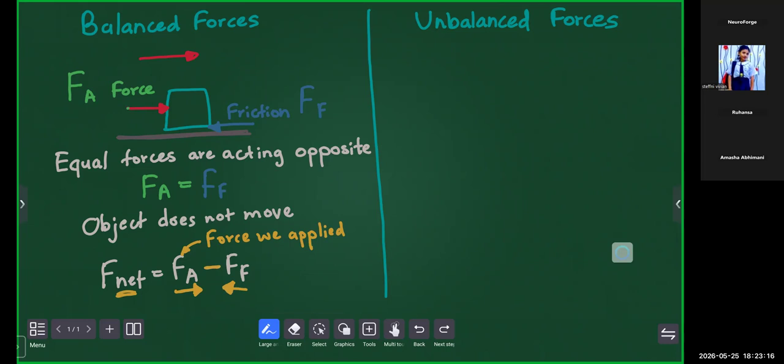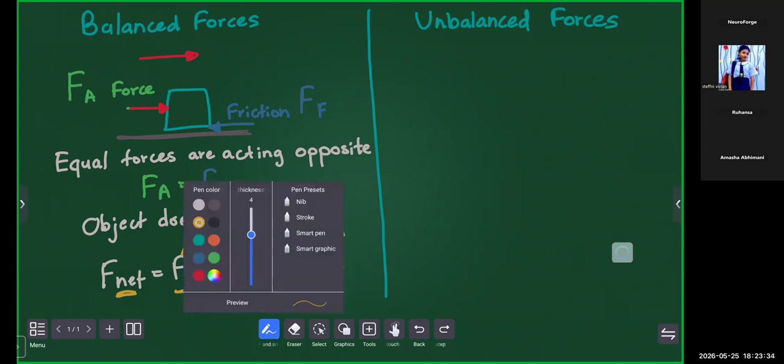Now in this case, we can say FA equals FF. The frictional force is equal to the applied force. So what's happening to this expression now?